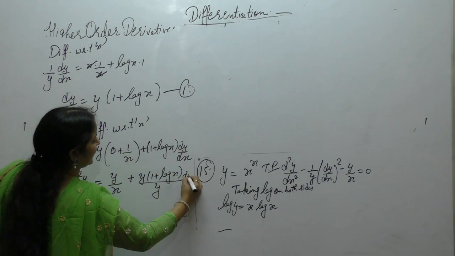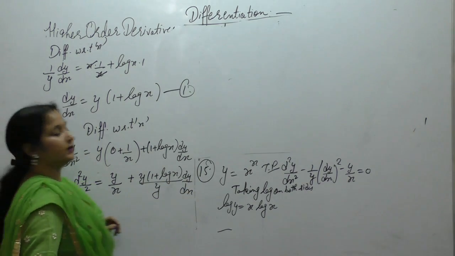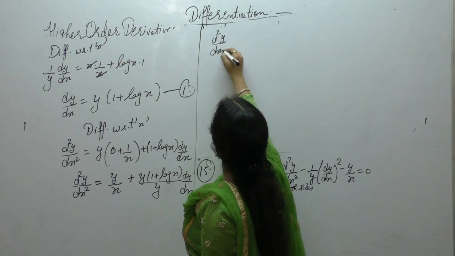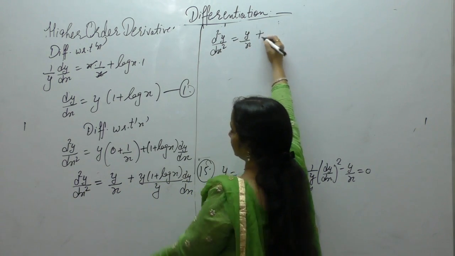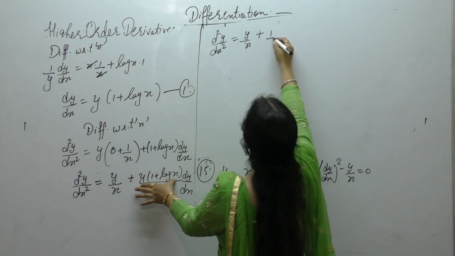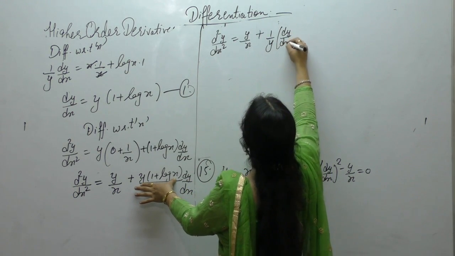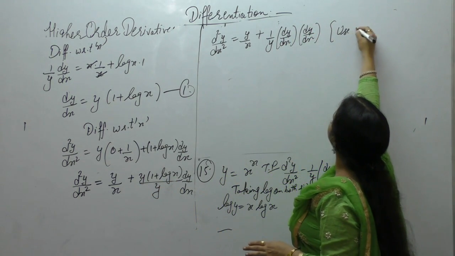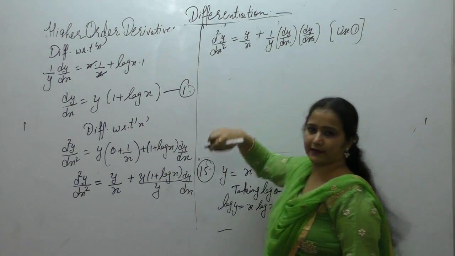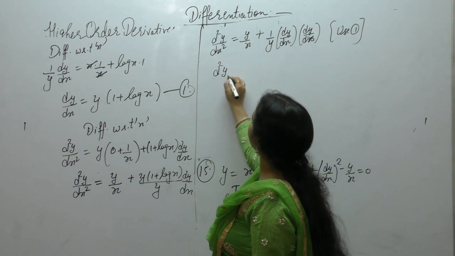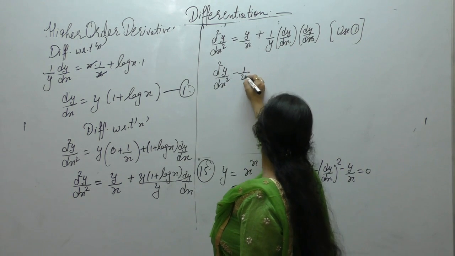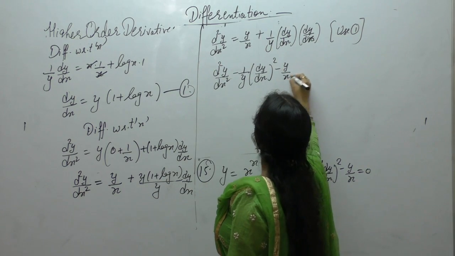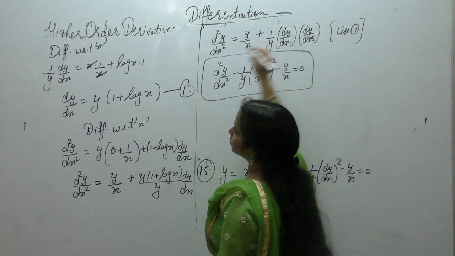Here multiply and divide by y. So d square y upon dx square is equal to y upon x plus, y (1 plus log x), this is the value of dy upon dx, into dy upon dx. Use 1 here. So what we get, d square y upon dx square minus 1 upon y (dy upon dx) whole square minus y upon x is equal to 0.